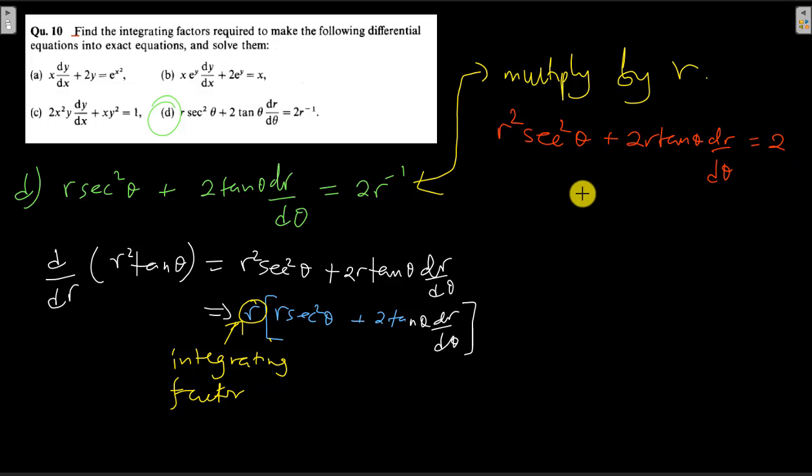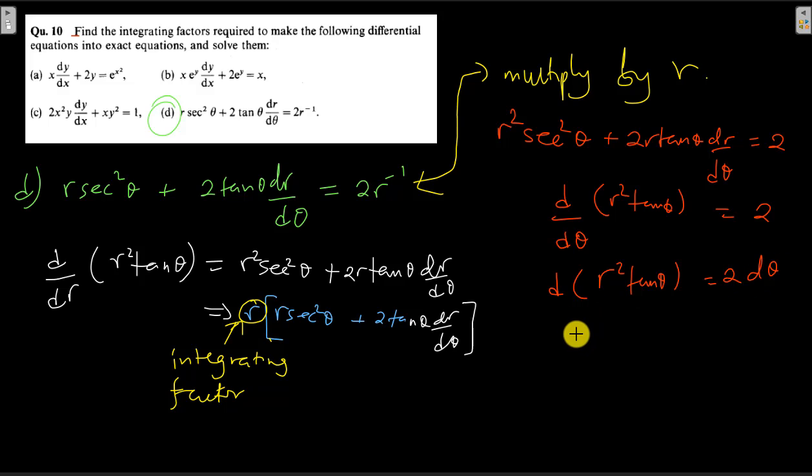Okay, that's nice. So the exact differential for all this is going to be d of r squared tan theta equals 2 d theta.